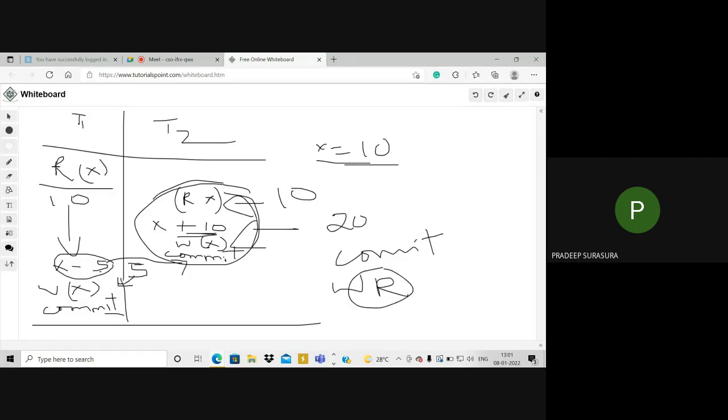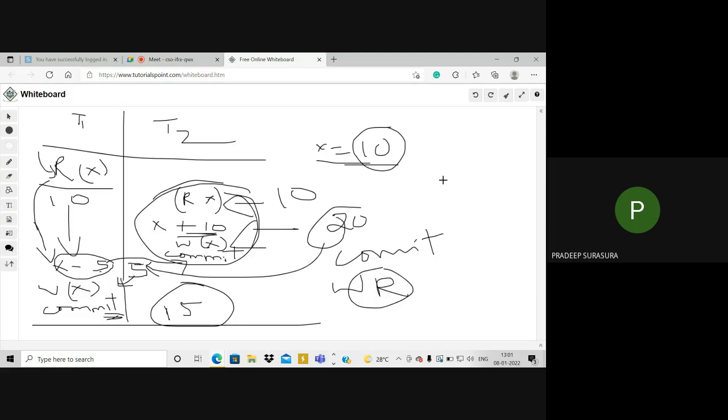But since I have already read the value of X and proceeded, X should be 20, and then I should negate. I should have 15, because initially X had 10, and I add 10 to it and do minus 5 for it. At the end of these two transactions, X should have the value 15.